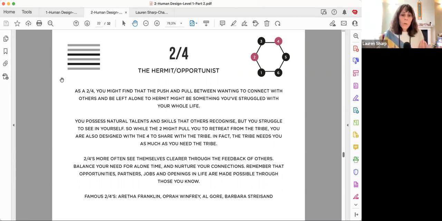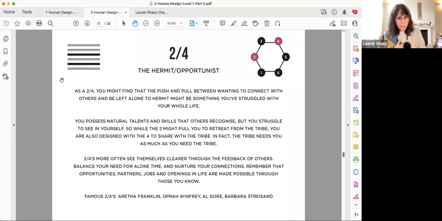The 2, though, this combination of energy, struggles to see themselves clearly. They struggle to see their gifts and their talents, and they almost don't see it as others see it. So they really need to get that feedback.